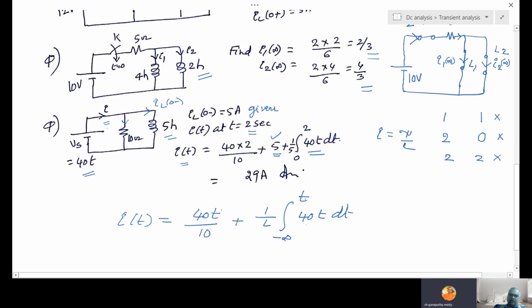And here t is replaced with 2. So 40 into 2 by 10 plus the initial value plus 1 by 5, that is 1 by L, integral 0 to 2 of V of t. What is V of t? 40T dt. So when you integrate, you will get 29 amps.